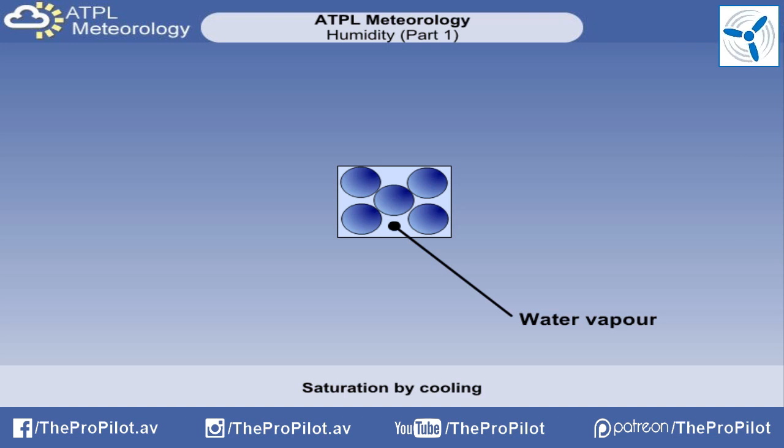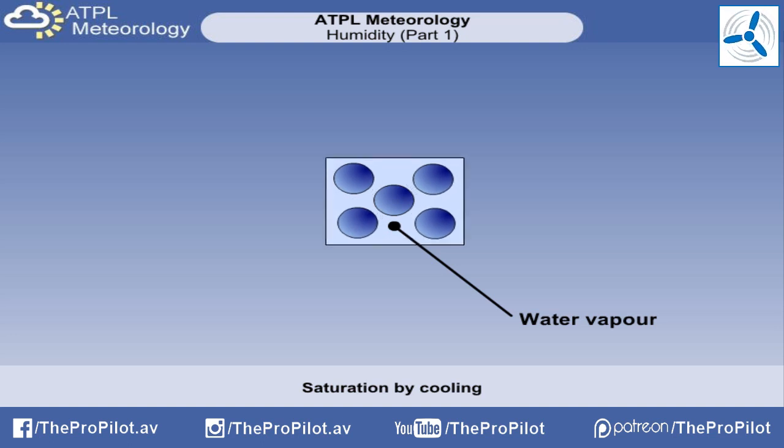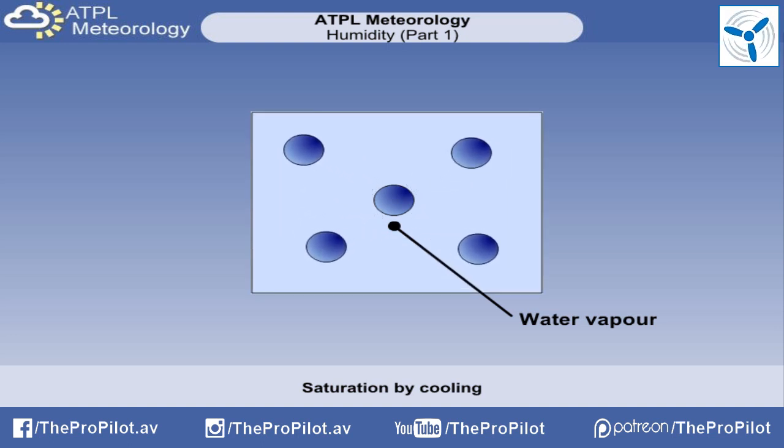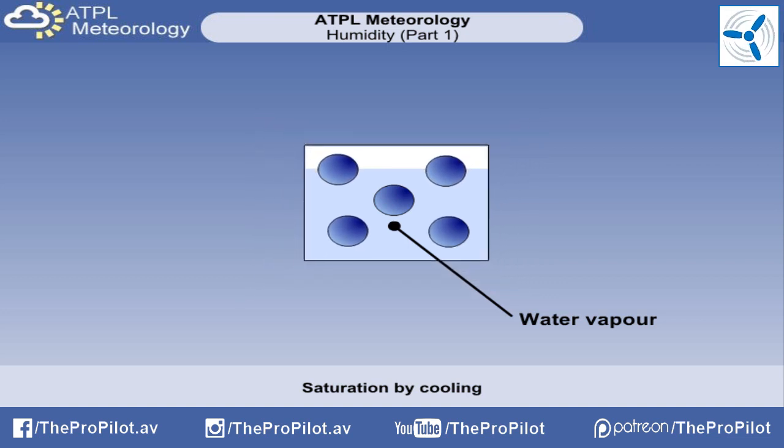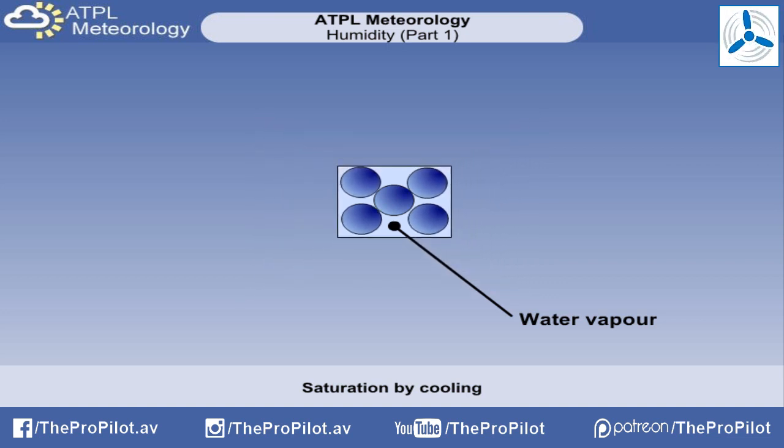The opposite is true when we warm air up. Warm air has more spaces between the molecules and can hold more water. So, if we have a parcel of air that is partially filled with water vapour and then cool it down, the air will eventually reach a point where it is holding as much water vapour as it can. Now the air has become saturated.